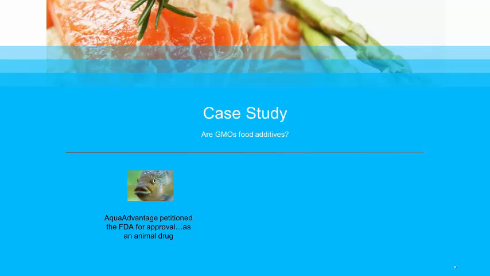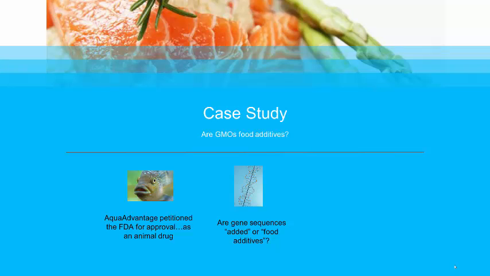And they've sought FDA approval, but they're not seeking FDA approval as a food additive, but as an animal drug. And as one can imagine, GMOs is a very sensitive topic among consumer groups, among consumers, and we can get into comparative law discussions about how Europe and Japan and Canada and some other countries treat GMOs and how the U.S. treats GMOs as a comparison.